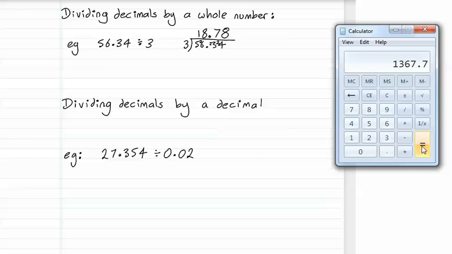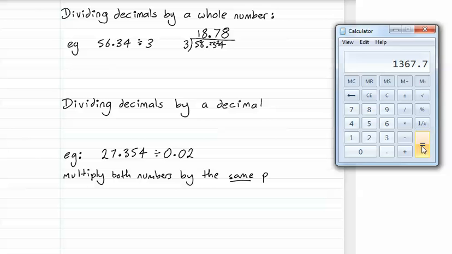Now, the easiest way to divide by a decimal is to multiply both sides by powers of 10 until we're not dividing by a decimal, we're dividing by a whole number. Let me show you. We multiply both numbers by the same power of 10.